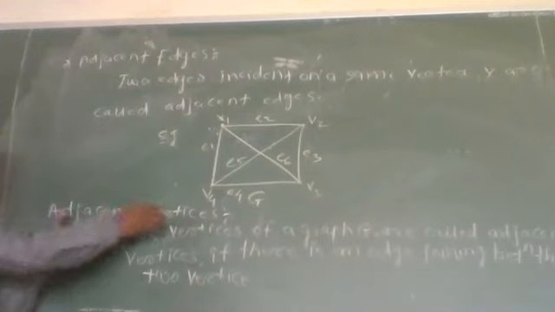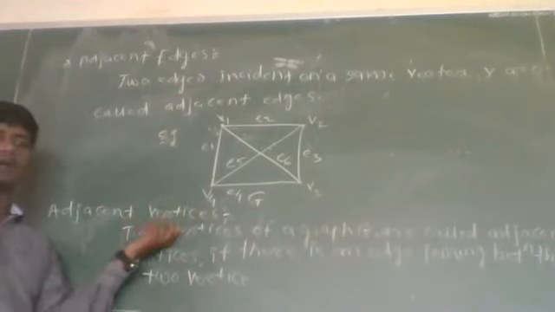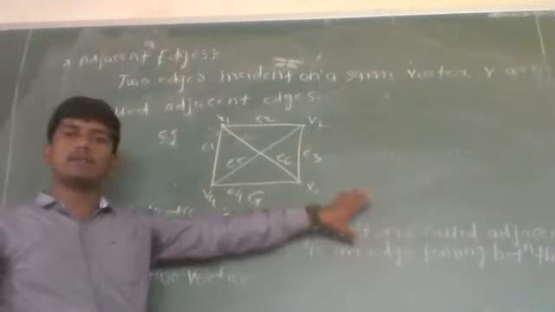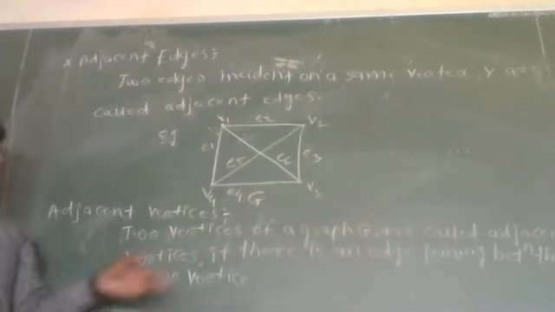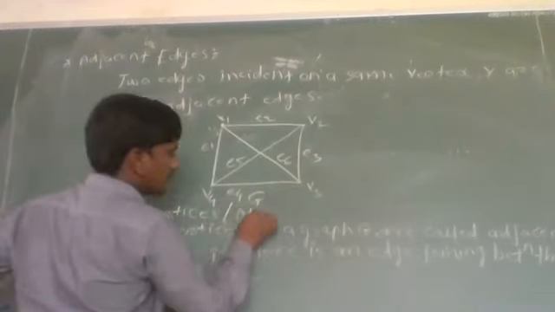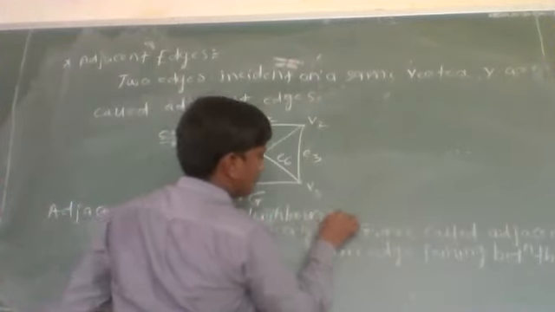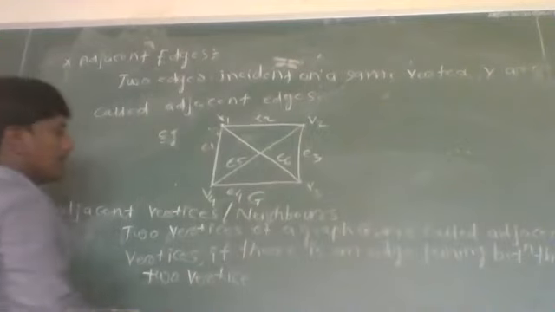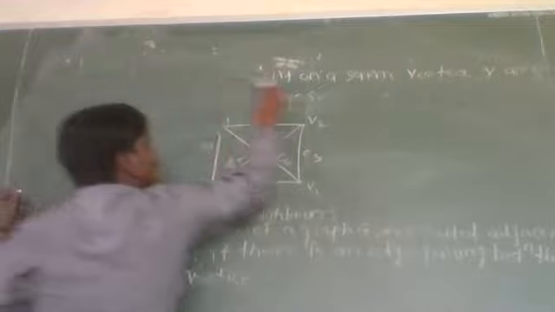What are the adjacent vertices? Two vertices of a graph G are said to be adjacent vertices if there is an edge joining between these two vertices. The adjacent vertices are also called neighbors. Let's see what are adjacent vertices.